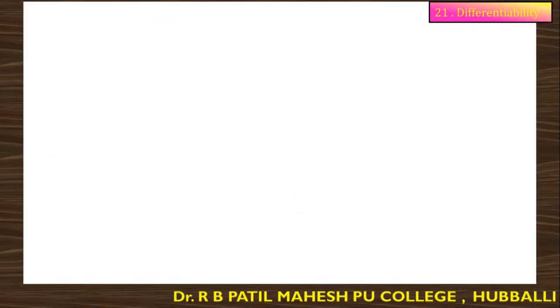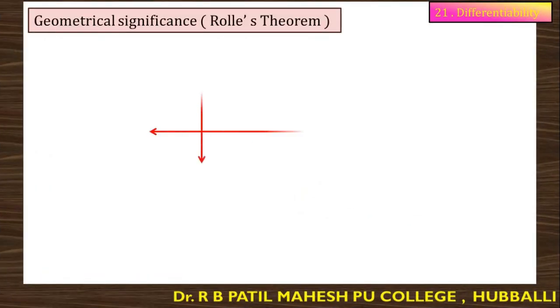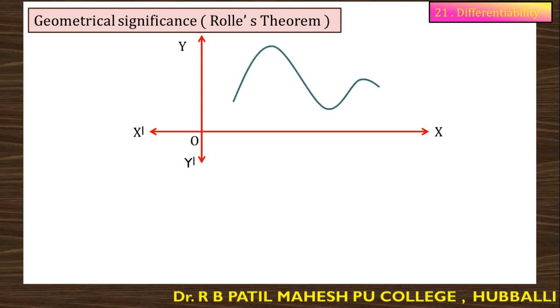Now see the geometrical significance of Rolle's theorem. So consider coordinate axes. Let me draw a curve y is equal to f of x. Consider this is the f of x graph and two points on the x-axis, that is a.